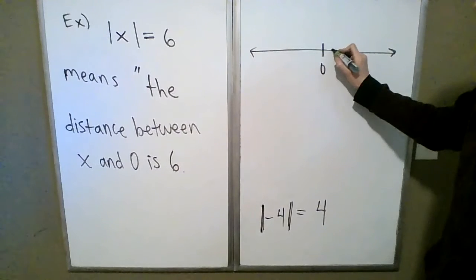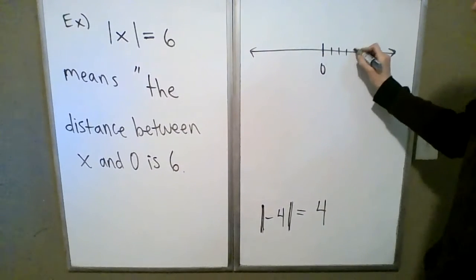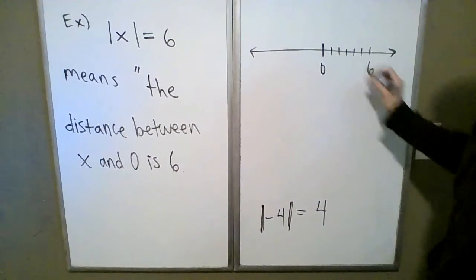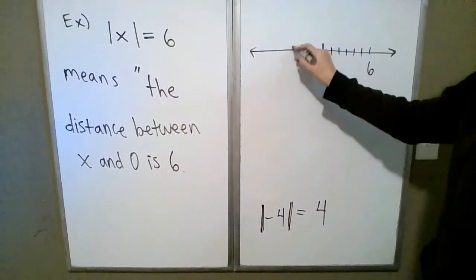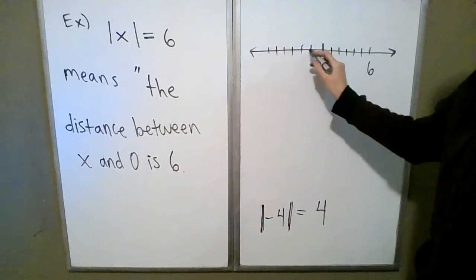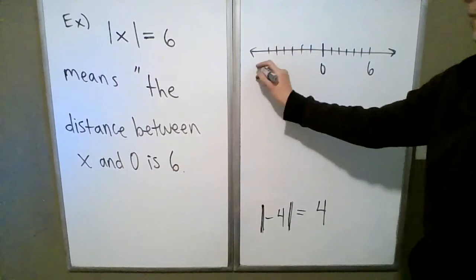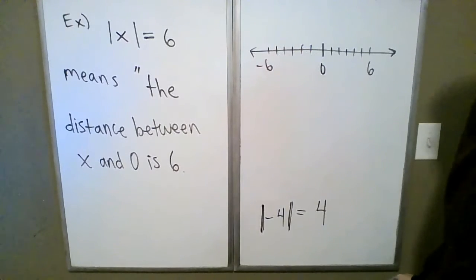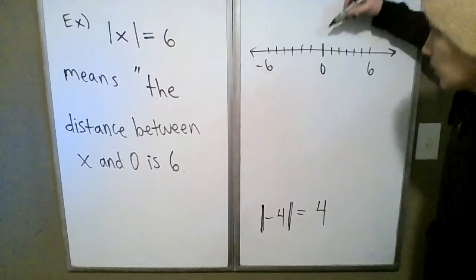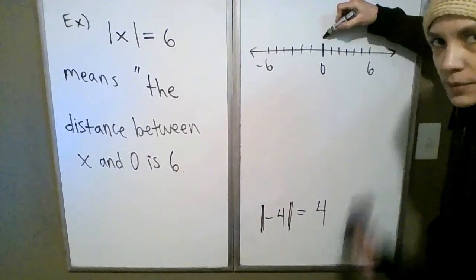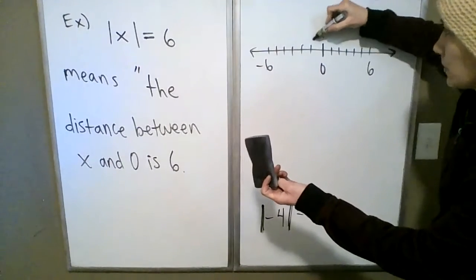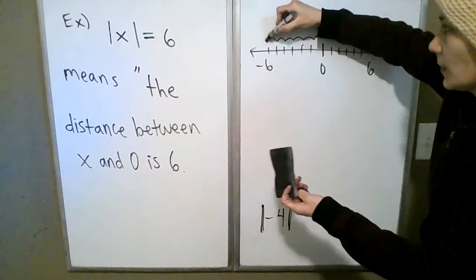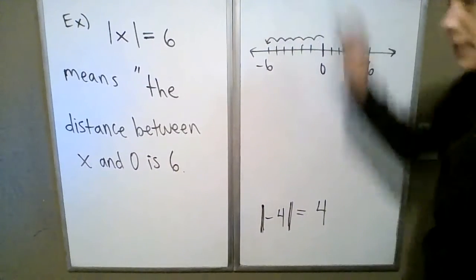To the right, you're going over to +6. And then to the left, -6. So you're starting at 0, and x is going to be a distance of 6 spaces, let's say, to the left. So x can equal -6.